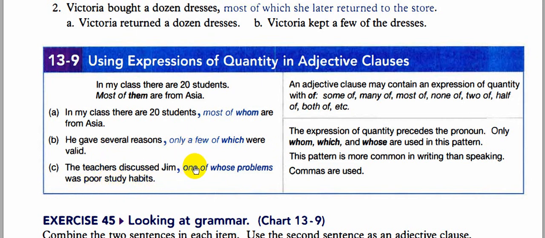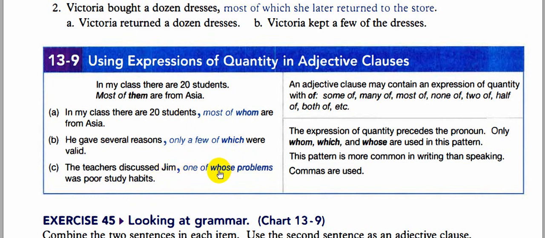As you can see here, whose is used instead of his, and his in this case is relating to Jem. So the sentence basically is one of Jem's problems, or one of his problems, was poor study habits, and here they are using whose instead of his.